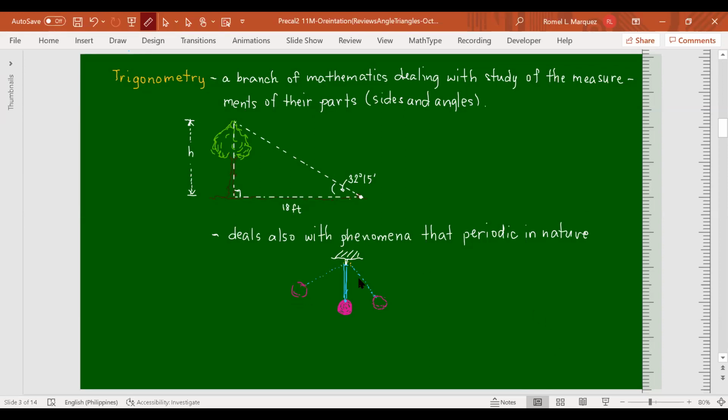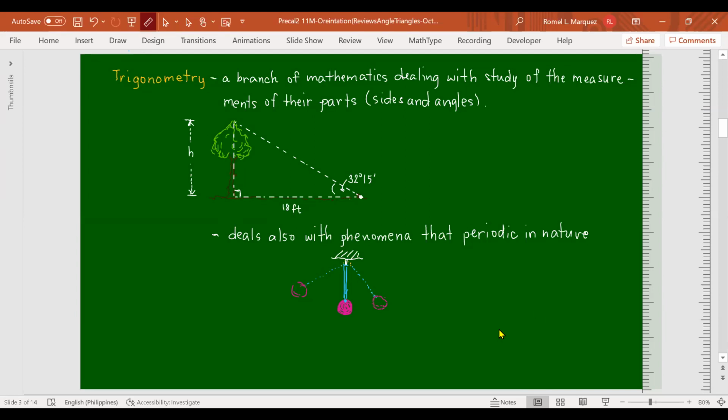So the motion or the movement, again, can be described by an equation involving a trigonometric function. For instance, the rotation of Earth around the sun. That is repetitive, so the motion can be described.